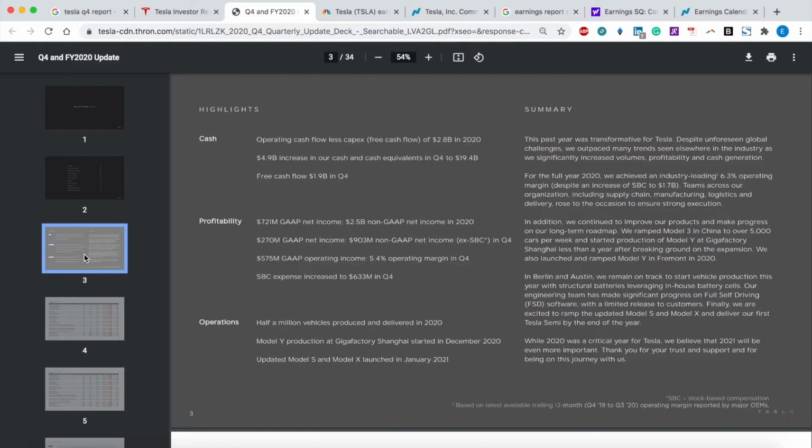And they talk about Berlin and Austin, which are two gigafactories also coming up. They're talking about continuing to scale the company, developing more factories, and the Model 3 as a product. And it's very exciting.